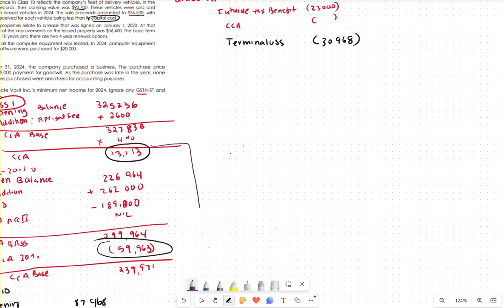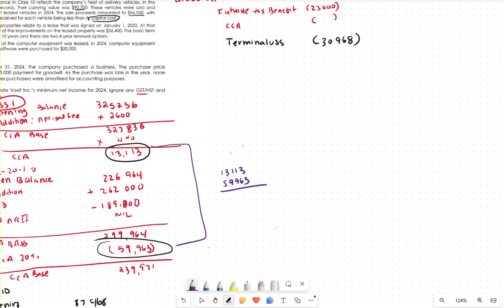My CCA on the two classes will be 13,113 and 59,963. I add both numbers, and whatever the number is, I should come up with a total.